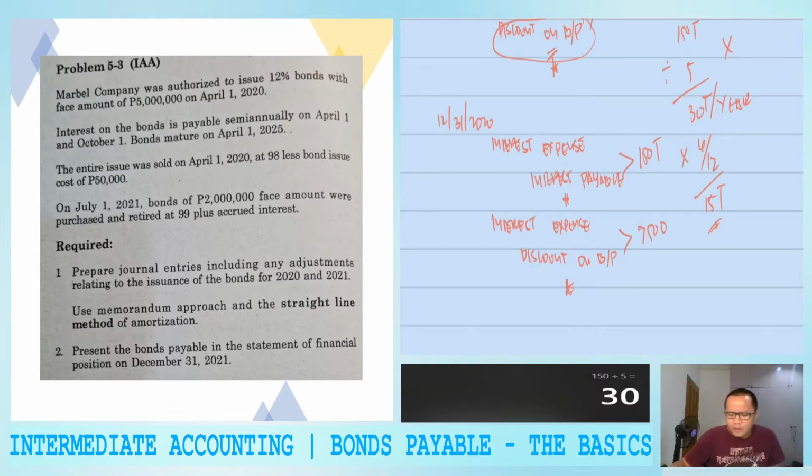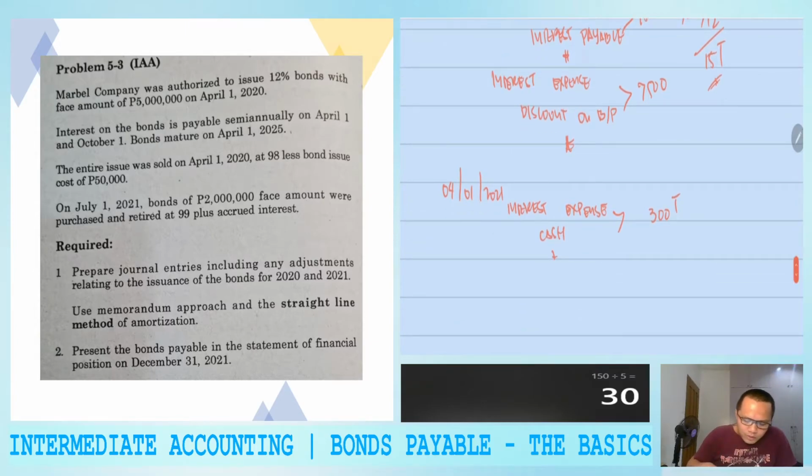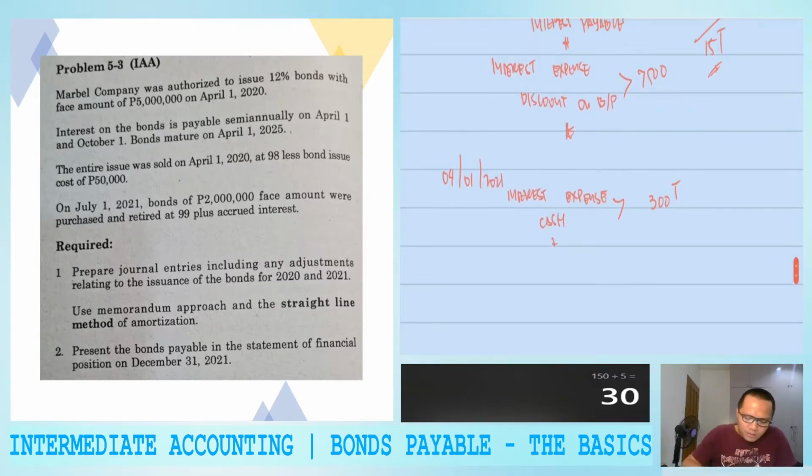Ngayon, next entry natin, April 1, 2021. Regular entry. Interest expense, credit cash at 300,000. Amortization on, sorry. Wait. Mali tayo.